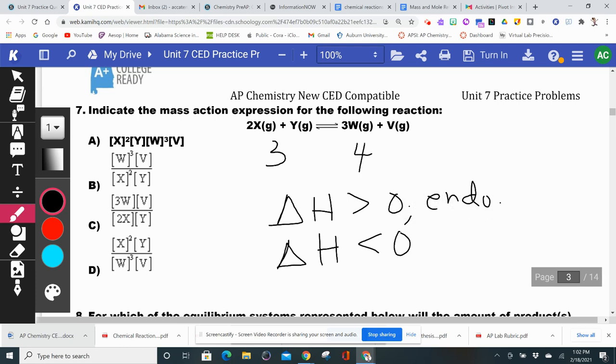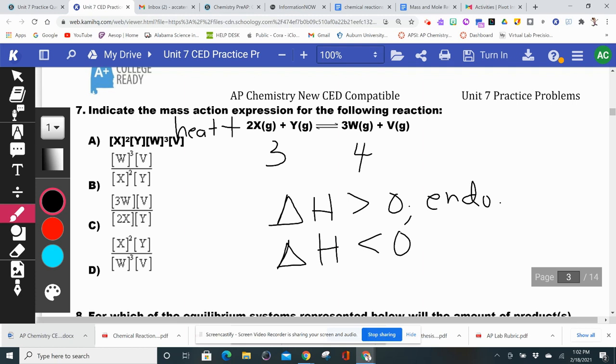And if something is endothermic, that means heat is a reactant. So in my equation or on paper, I would literally write down plus heat on the left side.